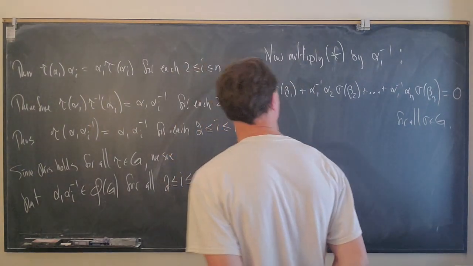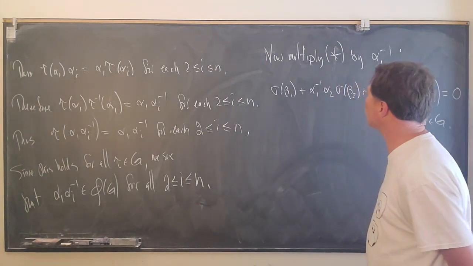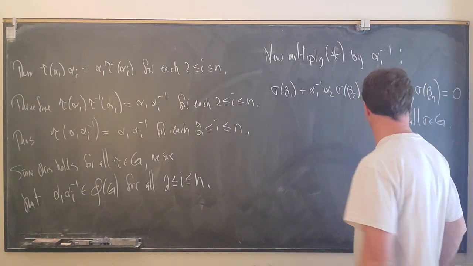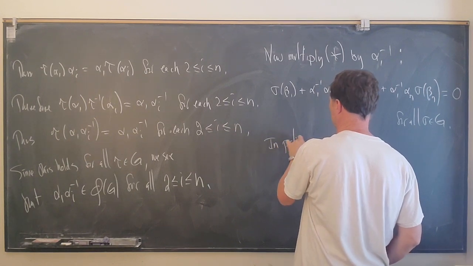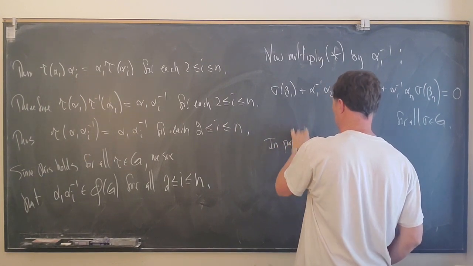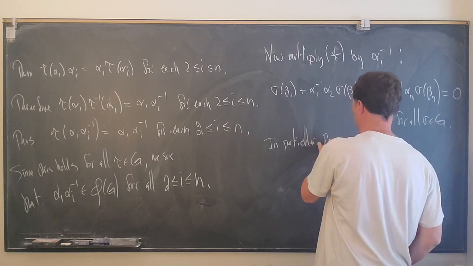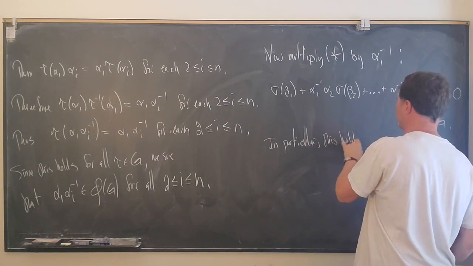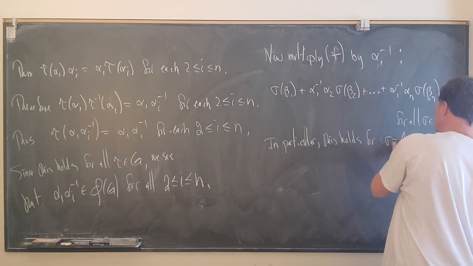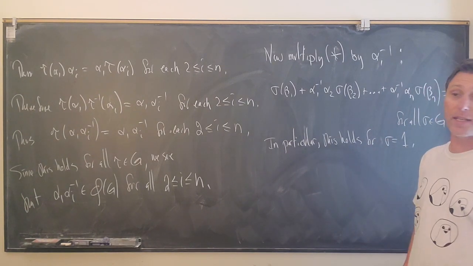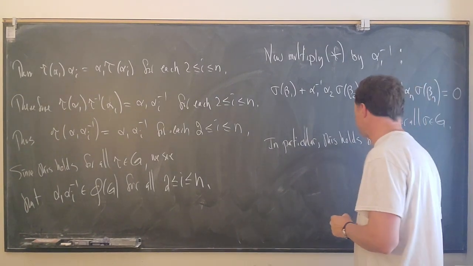Now, this is true for all sigma. In particular, it's true for the identity. Right? So we can say, in particular, this holds for sigma equal to 1, the identity in the group. In this case, it is the identity mapping.